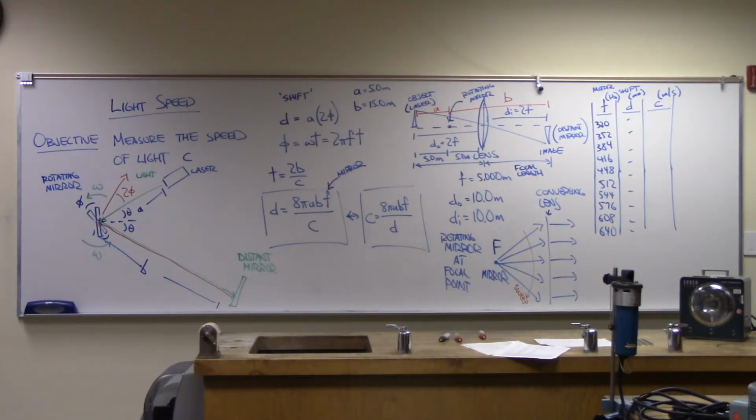And then with the strobe light, one at a time, I can go up through different frequencies. If the frequency of this matches the strobe light, it looks like it's standing still. If the frequency here is 2 times the strobe light frequency, that also looks like it's standing still. And 3 and 4. Any integer multiple of the strobe light frequency creates the effect where that rotating mirror looks like it's just standing still.